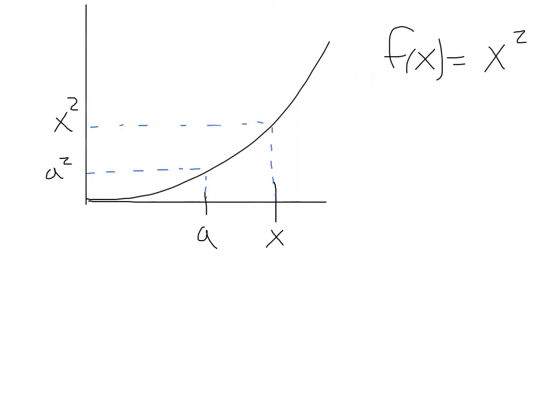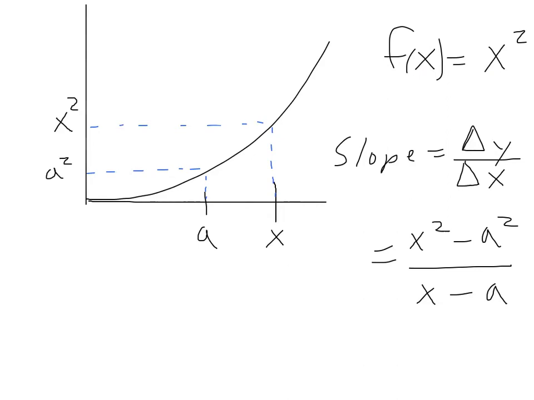And just like before, the y value that corresponds to my arbitrary x has to be x squared, because that's my given equation. And so my slope equation is going to be delta y over delta x. The delta y is x squared minus a squared. That's my delta y. My delta x is x minus a.